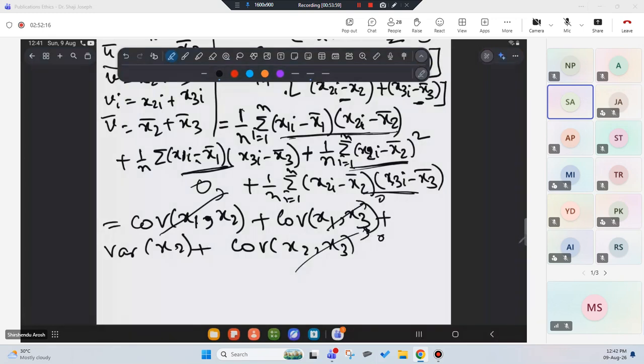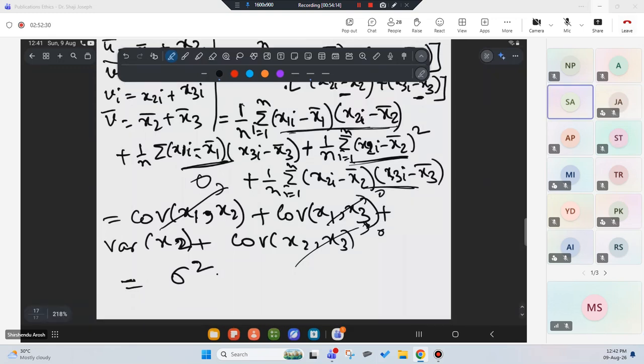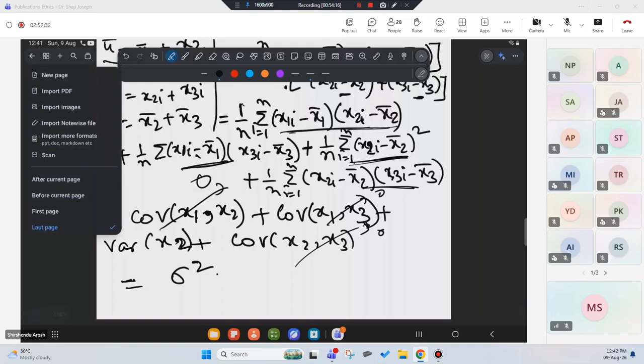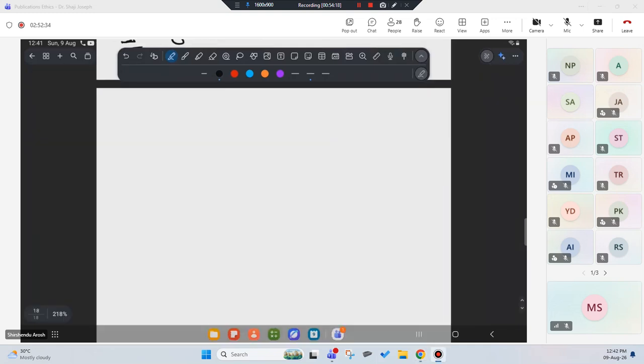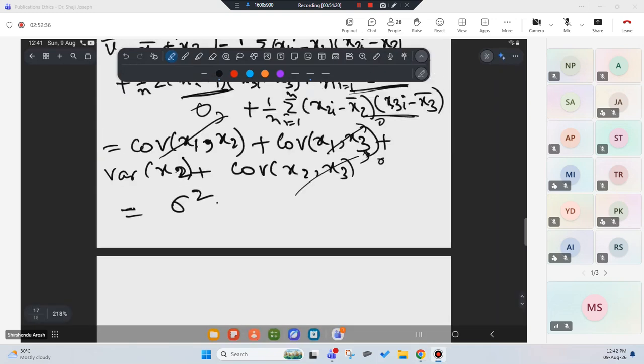Only the variance of x2 is something, a sigma square. So of course now we got both cases.